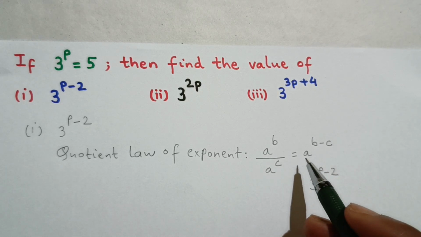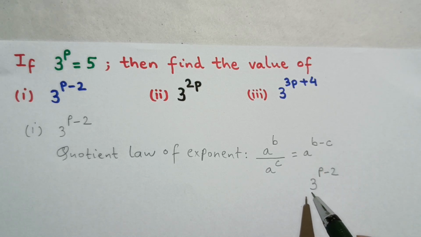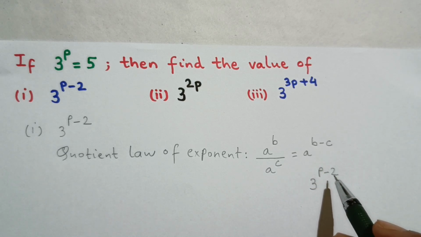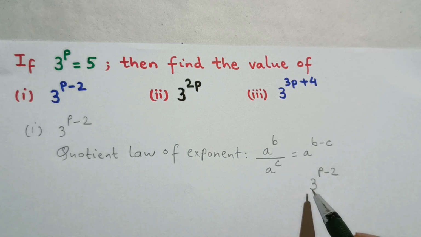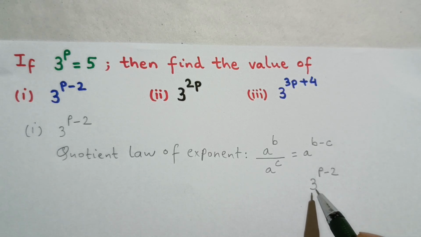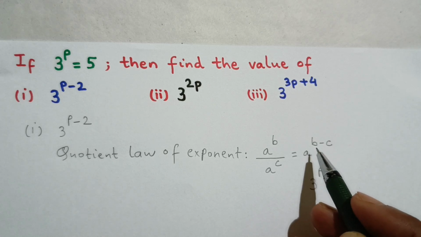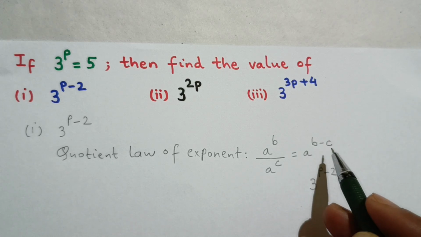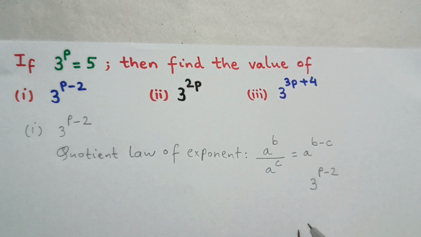Now if I compare a to the power b minus c with 3 to the power p minus 2, a is 3. The base a is 3. b is p and c is 2.